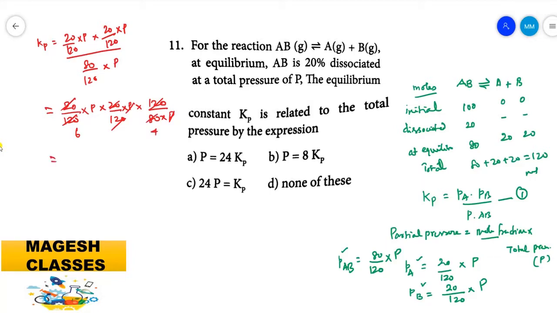So this is equal to P divided by 24, that is Kp. So in the question, the equilibrium constant Kp is related to the total pressure P by the expression. So this is the total pressure and this is the equilibrium constant Kp. So we can write 24 Kp is equal to P. Our answer is C.